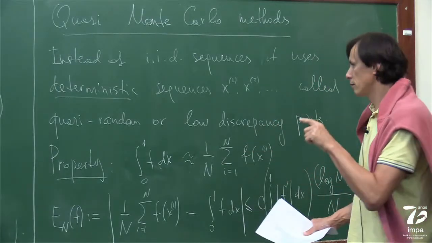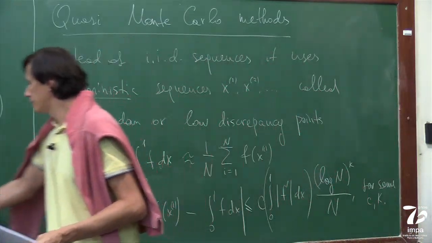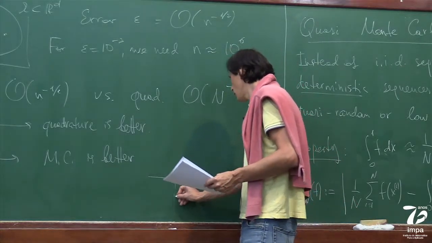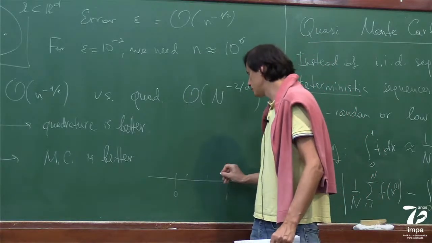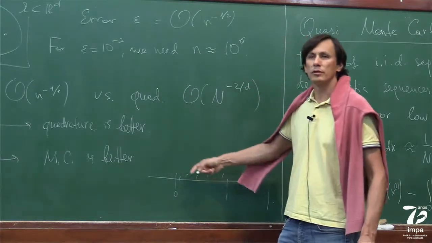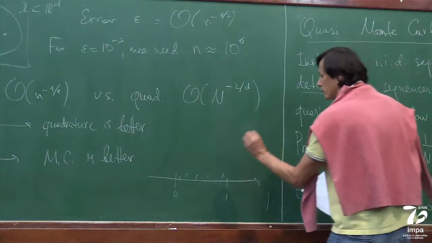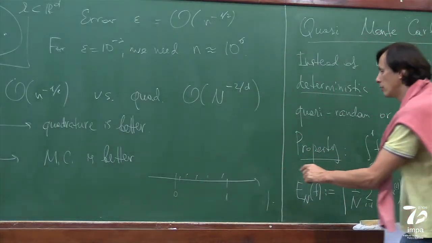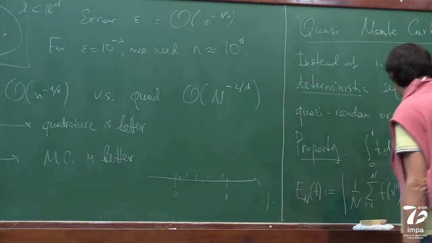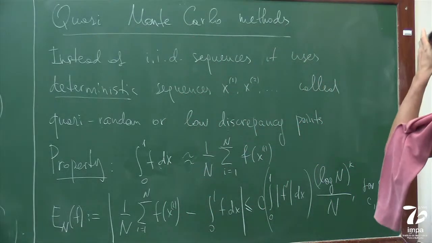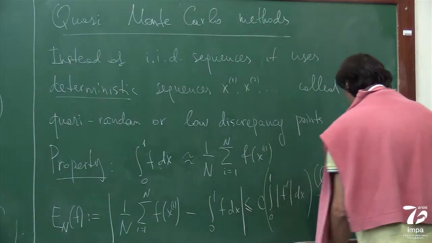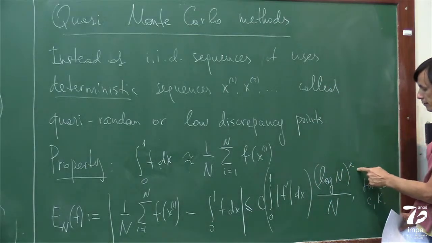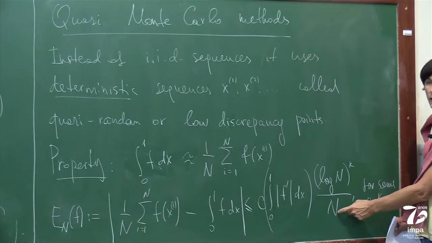So essentially it takes a line, and instead of having uniformly distributed points, randomly, you put points randomly. But this method will throw points deterministically in different places in such a way that the error of the computation will be this: log n to the power k divided by n.